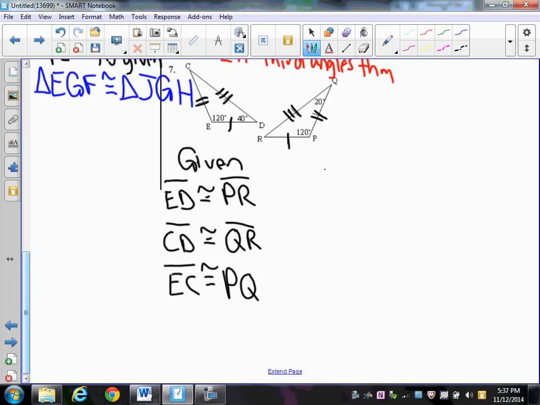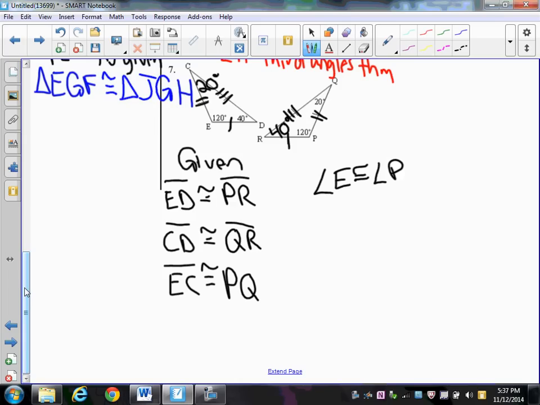And we're also given that angle E is congruent to angle P. So are the angles equal? Well, remember, both of these triangles, the interior angles have to add up to 180. So I have 120, 20, and 40 adds up to 180. 120, 40, and 20 adds up to 180.